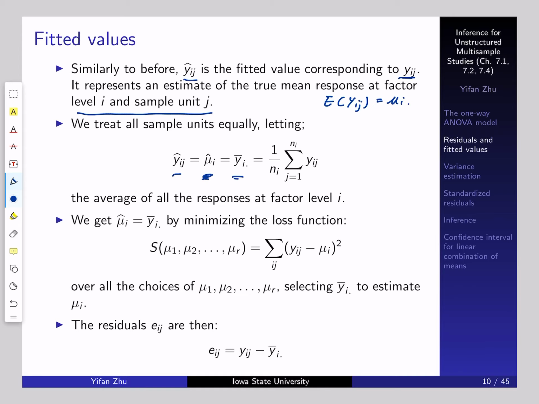So what is yi dot bar? Yi dot bar is just the sample mean of the observations at level i.